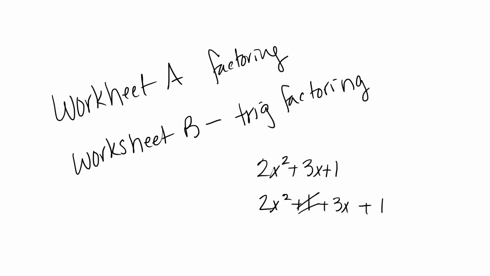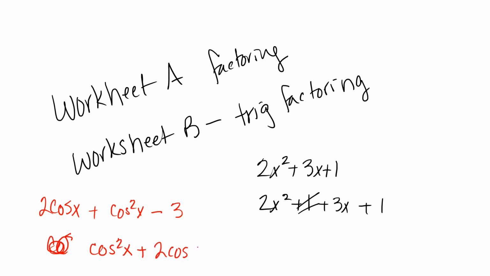And same thing if you had any cosines or sine or tangent. So if I had, let's say, 2 cosine of x plus cosine squared of x minus 3, rearrange it, write it as cosine squared of x plus 2 cosine of x minus 3, and then try to factor from that particular set.